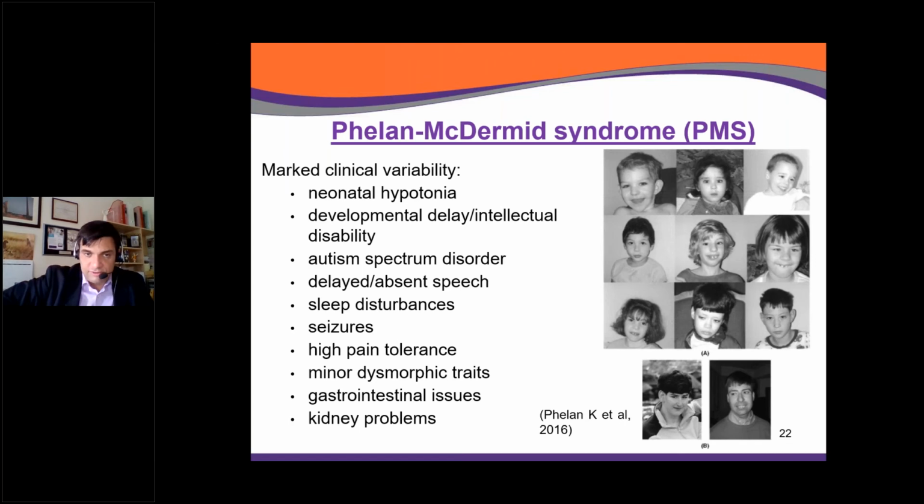We have, of course, autistic traits. We have other features like seizures, high tolerance to pain, gastrointestinal issues, and kidney problems. But as you can see from the pictures here, we don't have a typical facial pattern. There are some minor dysmorphic traits, but the variability is really the key factor in this condition.